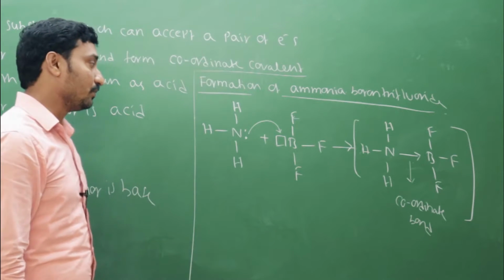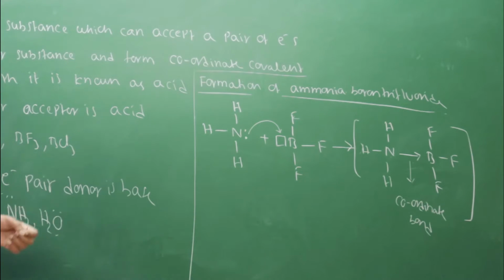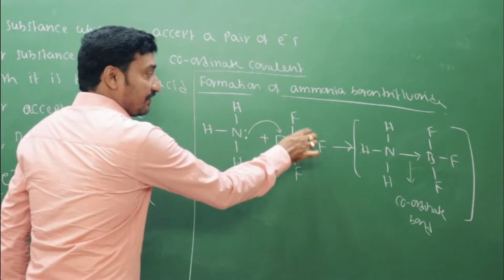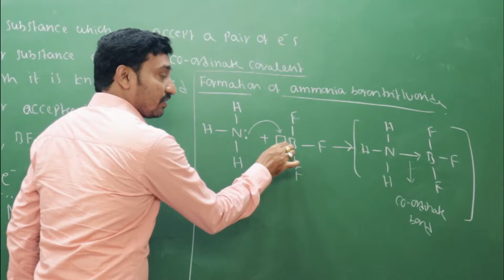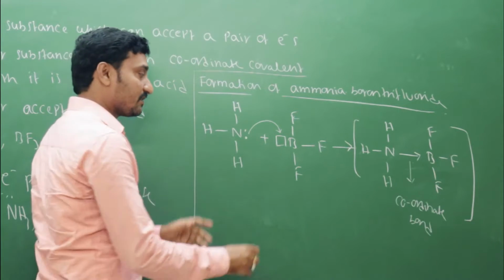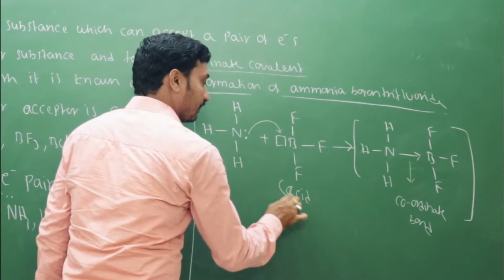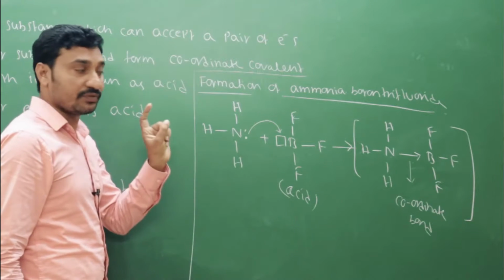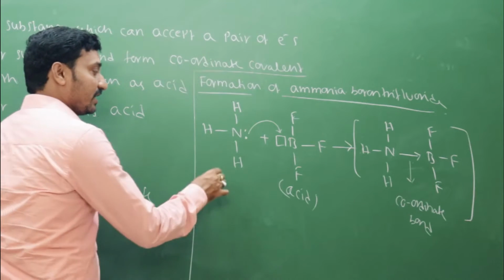Now tell me, according to Lewis theory, which one is acid, which one is base? BF3 accepts a pair of electrons from NH3, that's why this is acid. NH3 donates a pair of electrons to the vacant orbital of boron, that's why this is base.